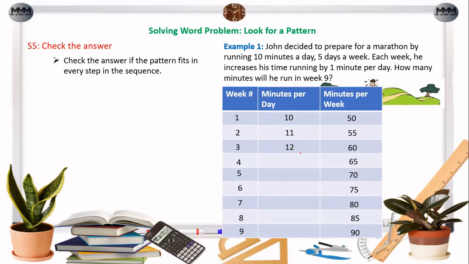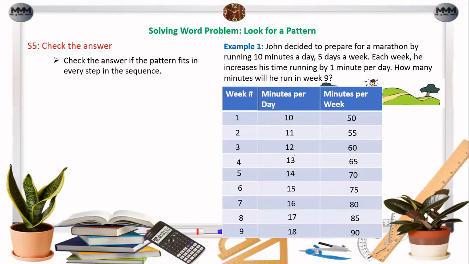So from week 3, each day John runs 12 minutes. Hence, in week 4, John runs 13 minutes, followed by 14, 15, 16, 17, and 18 minutes per day in week 9.